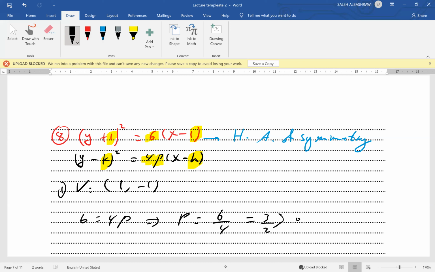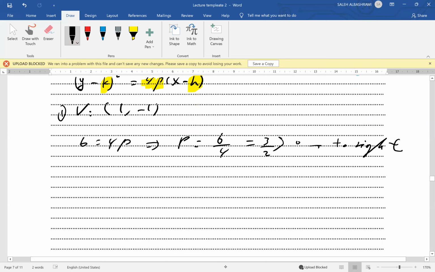Means the parabola will open to the right. Now I have p. Let's find the focus point. Focus is given by, since we have a horizontal axis of symmetry, h plus p and k.